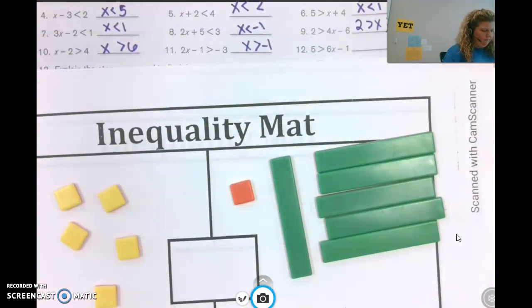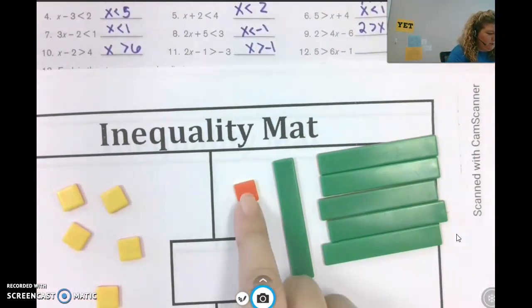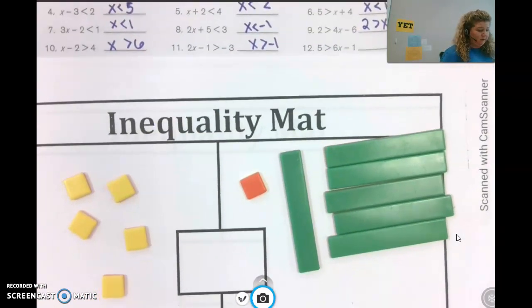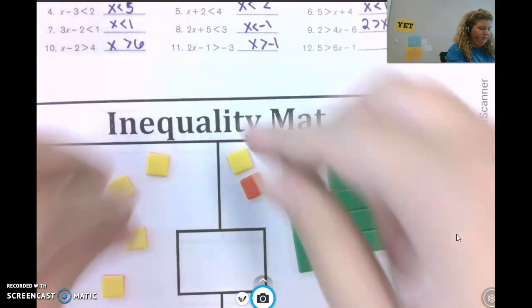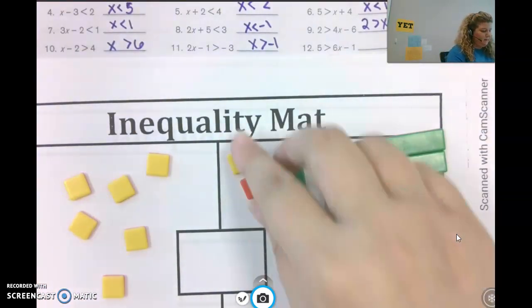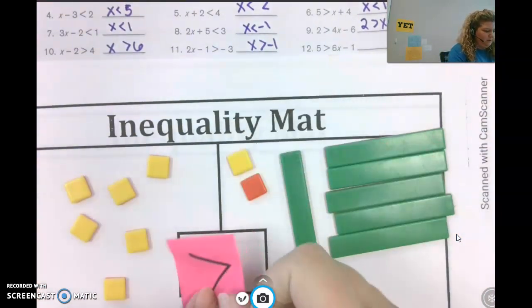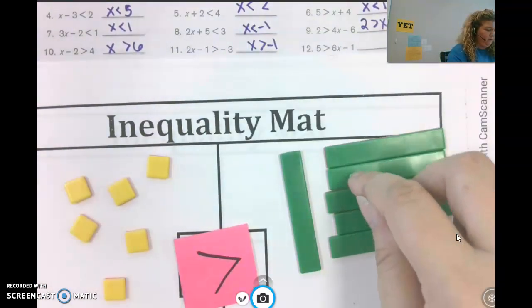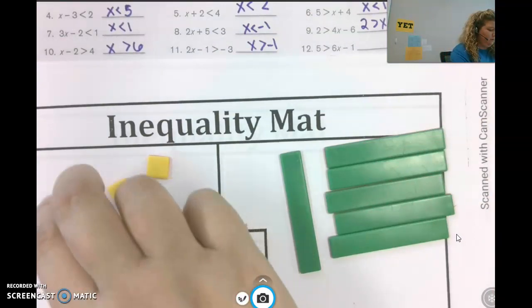Okay, so I need to remove a negative 1 from each side. I don't have a negative 1 over here, so instead I will add a positive 1 to each side, because that gives me a 0 pair. Okay, now I have 1, 2, 3, 4, 5, 6, and 1, 2, 3, 4, 5, 6.